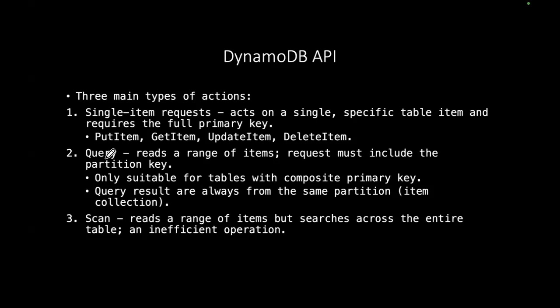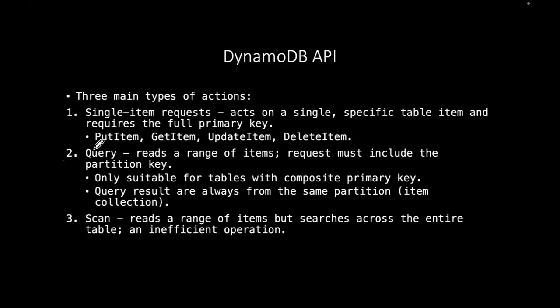SQL is obviously only for relational databases. But querying in DynamoDB is far more restricted than that. It's quite difficult to get used to initially, and it does impact on your table designs, which we're not going to go into, but it has a fairly significant impact because the querying options that are available to you are very limited.